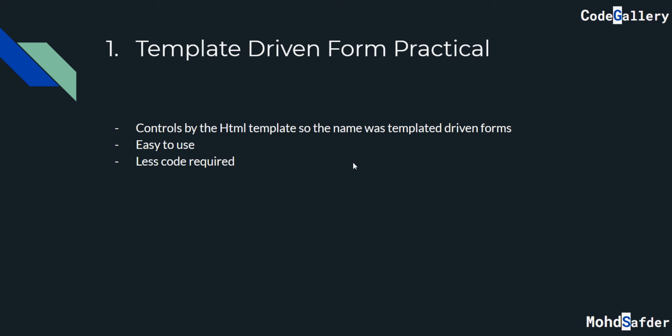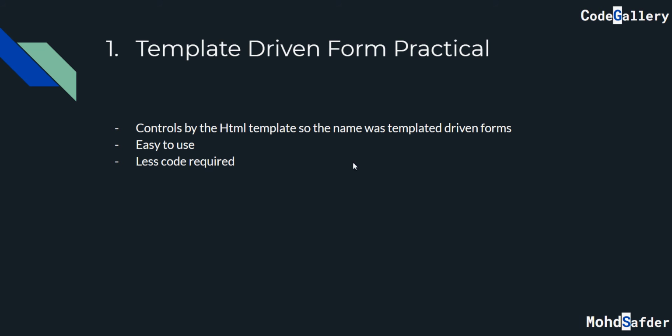In template driven form we design the HTML, then we place the binding of our variables to the respective controls. The advantage of this template driven form is that it is very easy to use because it uses HTML tags, and apart from that very little code is required. So we are going to just see the practical demo of it.